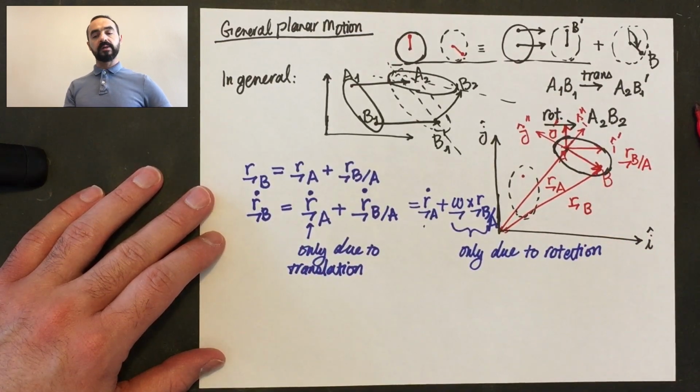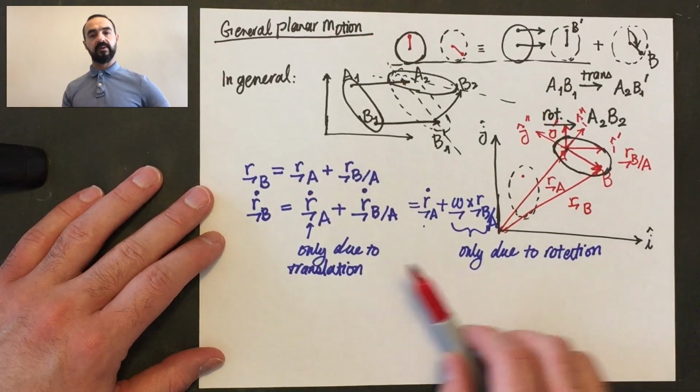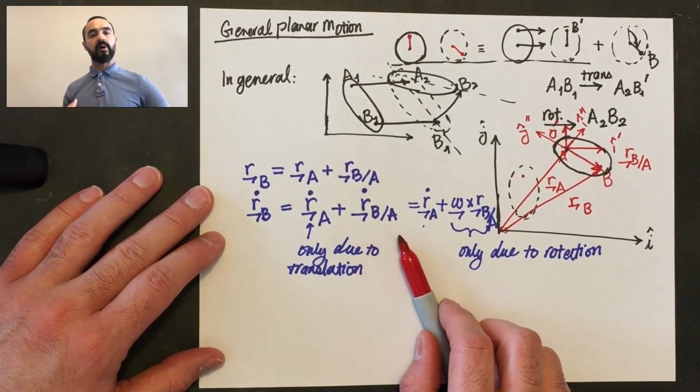And when the body rotates about A, we go back to the problem we had a couple lectures ago, velocity and acceleration in a body attached rotating frame. It's the exact same problem.